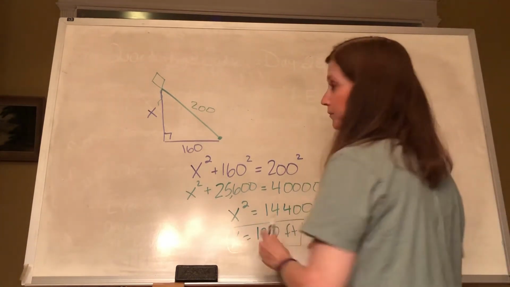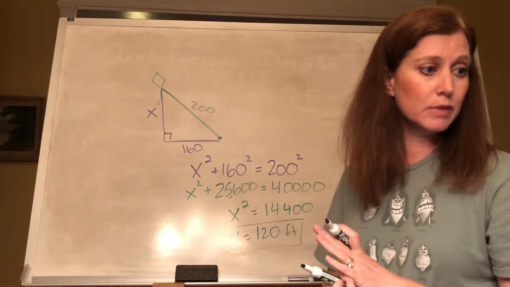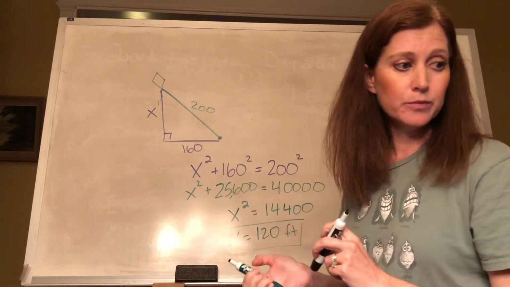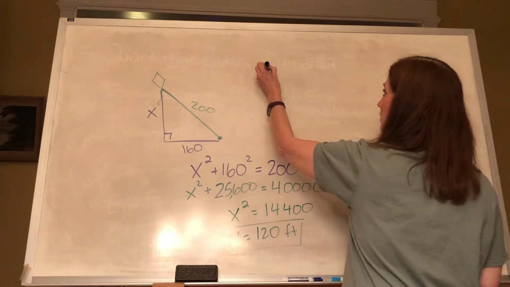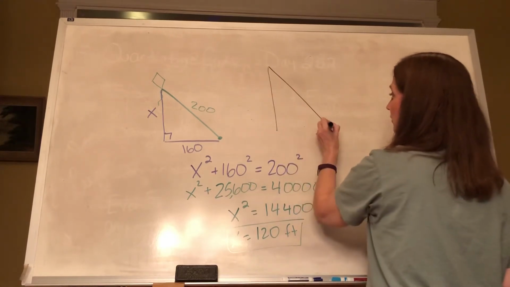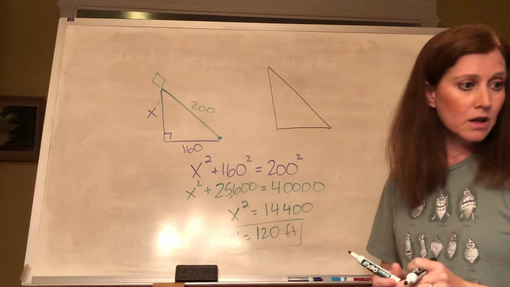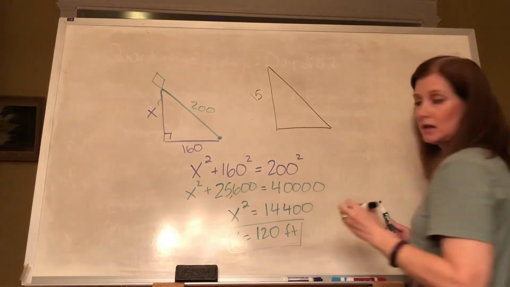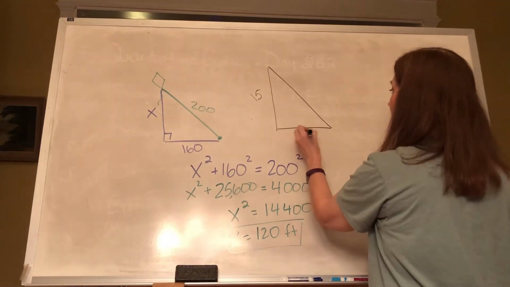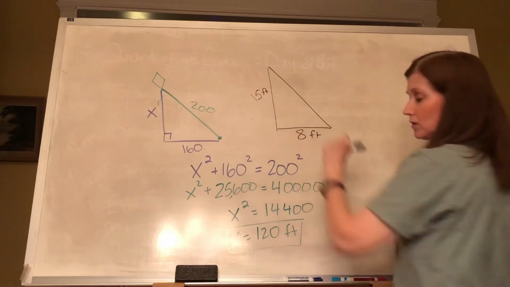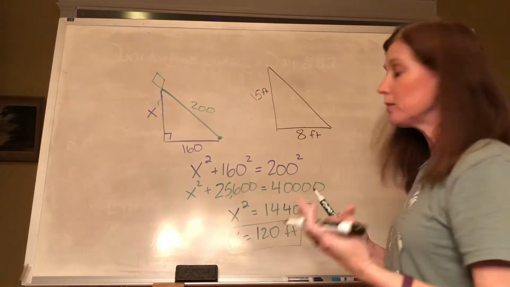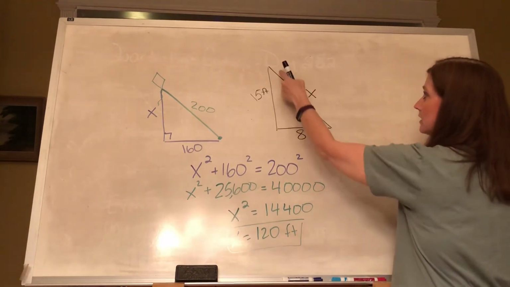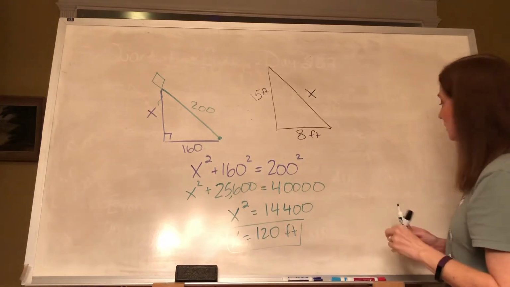Another problem. The sail on a boat is 15 feet high and 8 feet wide at the bottom. A sail on a boat is a triangle. What we want to know is the perimeter of the sail, so we need our hypotenuse length there.